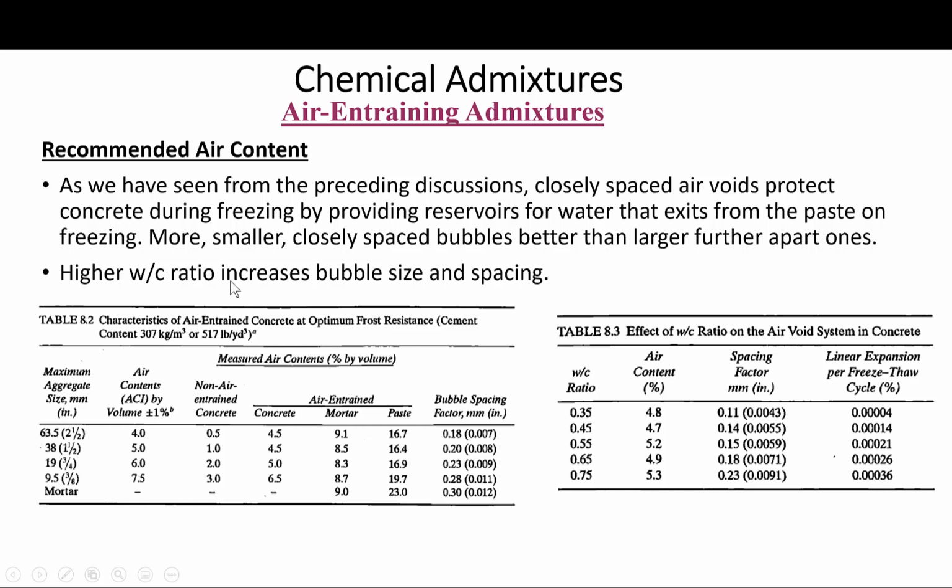A higher water cement ratio increases bubble size and spacing, so we need to increase the dosage to maintain the spacing and the bubble size. And as I said, depending on the exposure conditions, these recommendations can be used sensibly in order to provide the required dosage and the required protection.